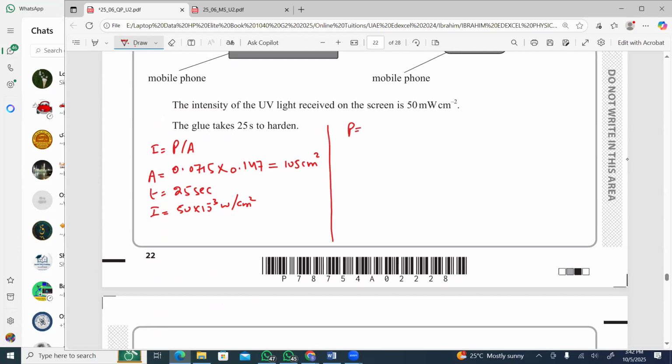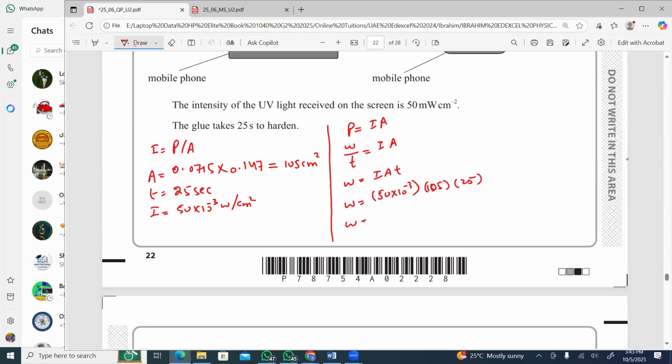From here, power equals I times A, and power is equal to work over time, and work means energy. So energy is I A t. The intensity is 50 times 10 to the power minus 3, the area is 105, and the time is 25.